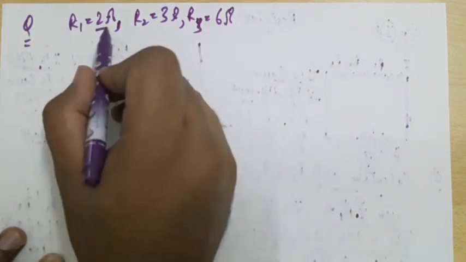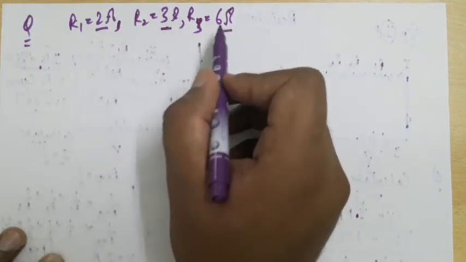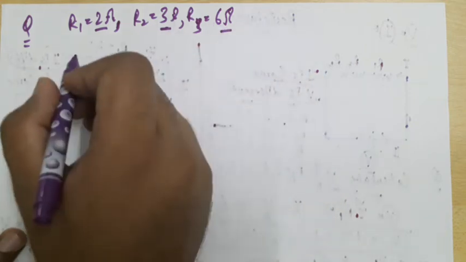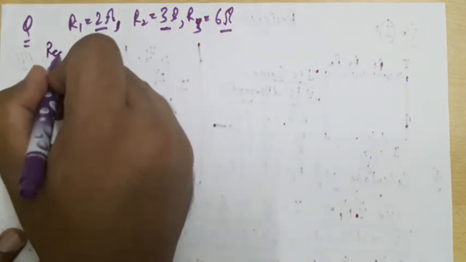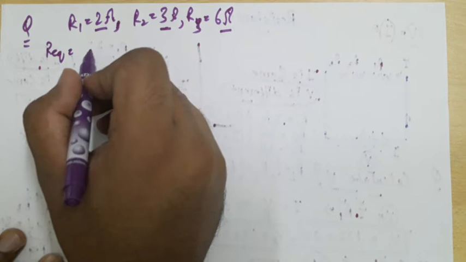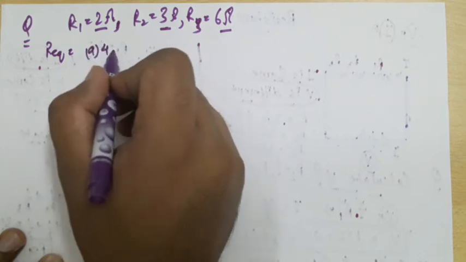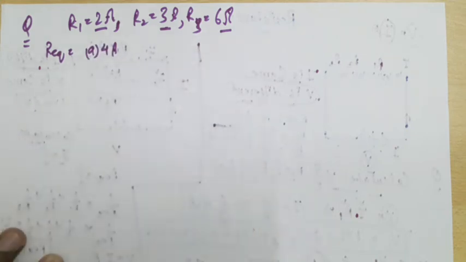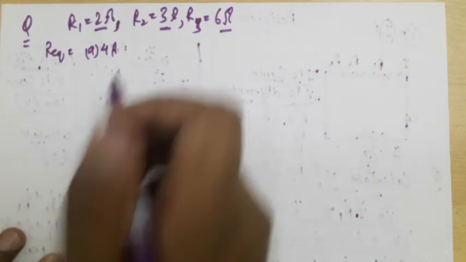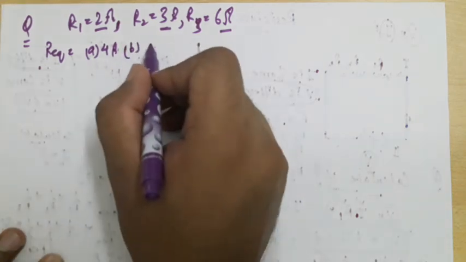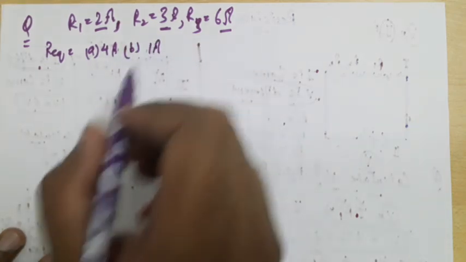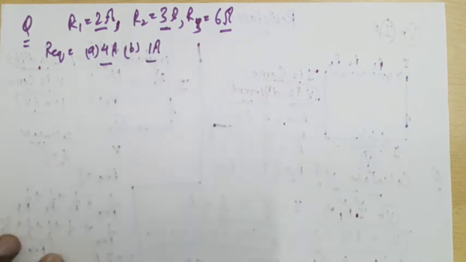So there are 3 resistors, 2 ohm, 3 ohm and 6 ohms. What you have to do is make an equivalent resistance. You have to make the equivalent resistance to be, in the first case, 4 ohms, and in the second case, 1 ohm, right?